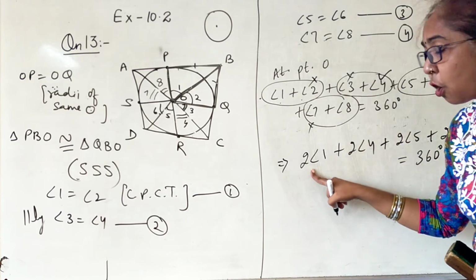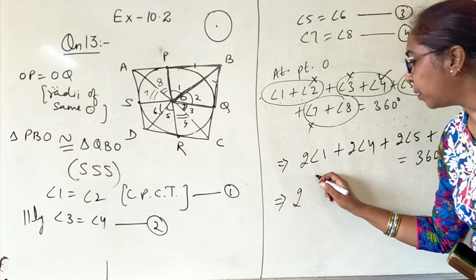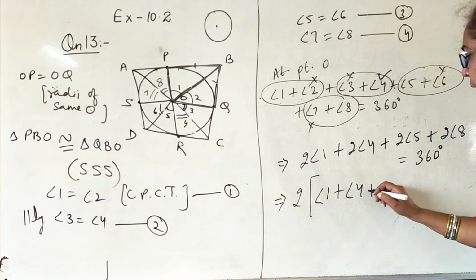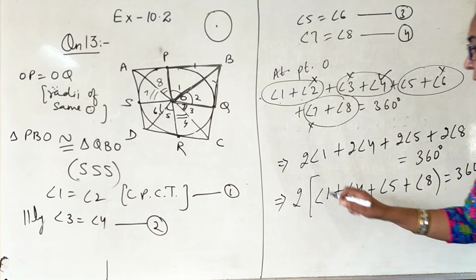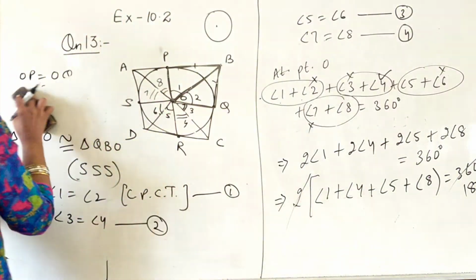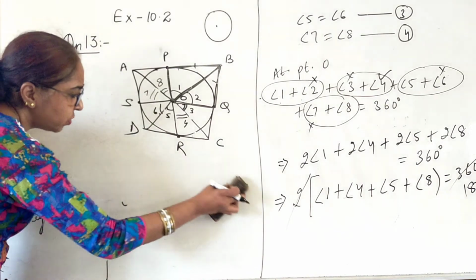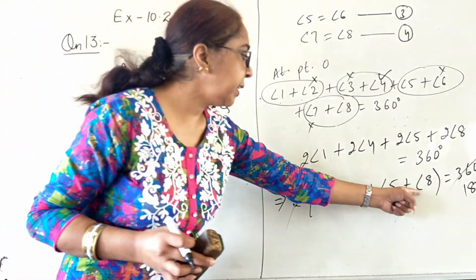And can you take common here? Of course you can. After taking 2 common, you'll get 1 plus 4 plus 5 plus 8 is 360, and the 2 comes here. Now what you can do, you just have to write 1 plus 8.